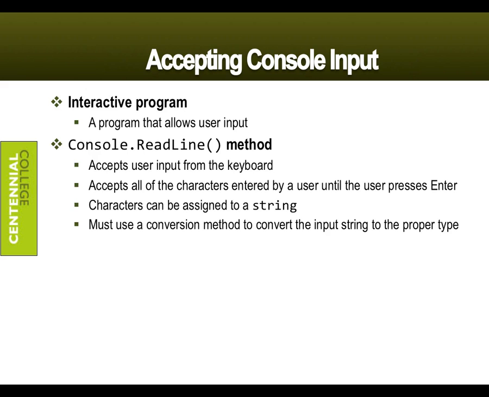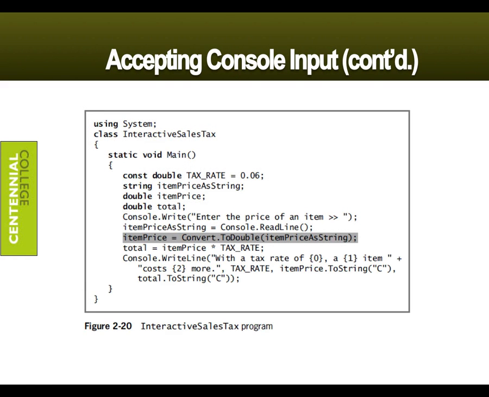If I do a console.readline, it takes the whole line that we type in to the console, and returns it into a variable or somewhere else, okay? So here's an example of a console.readline, right? So we write out to the console, and then I'm going to take whatever I write into the console and assign it with the assignment operator to this variable, item price as string.